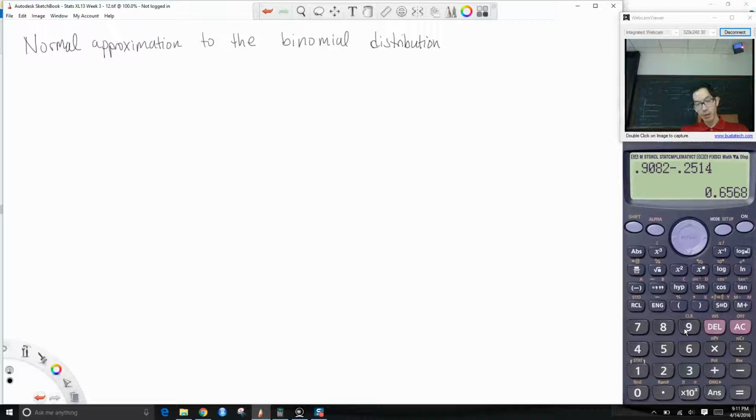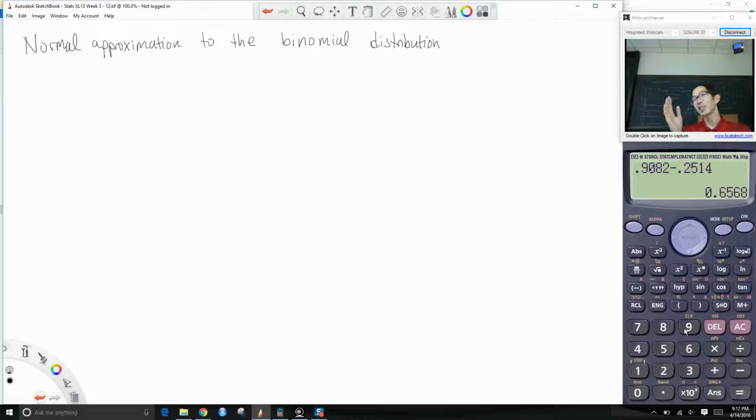If I said, I'm going to flip the coin 100 times, okay, and I want to know what's the probability, and I'm no longer asking what's the probability that the coin lands heads exactly 60 times, but I ask the question, what's the probability that the coin lands heads 60 or more times, okay? You can see that this suddenly becomes a lot of work if we were to do it by hand.